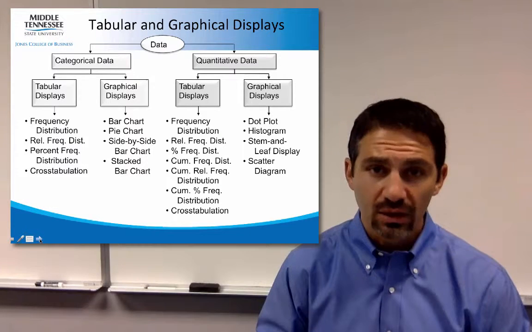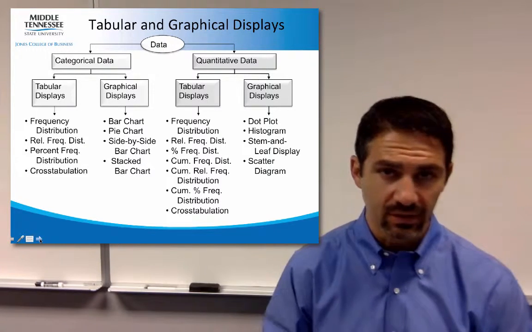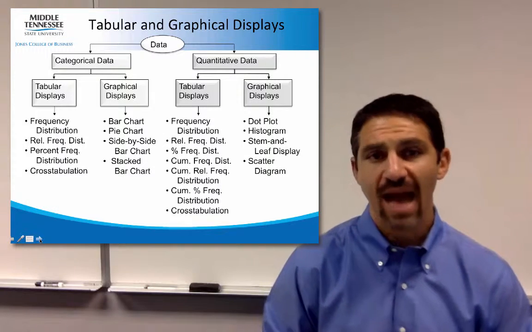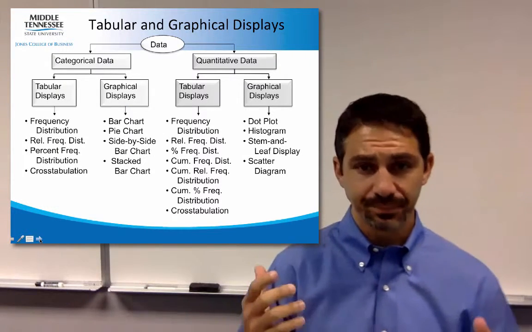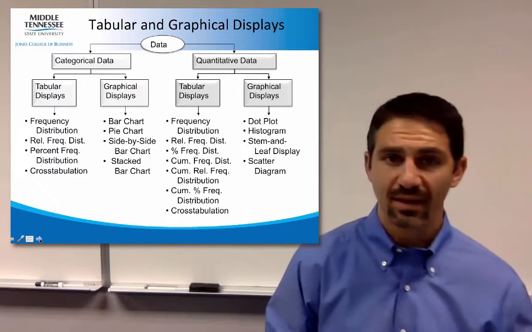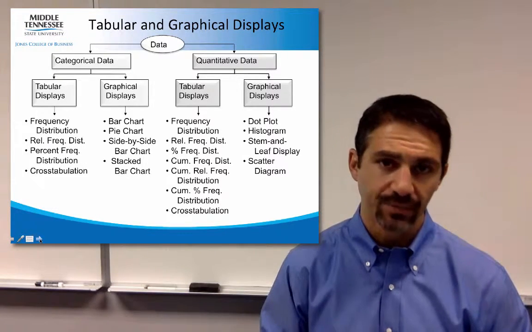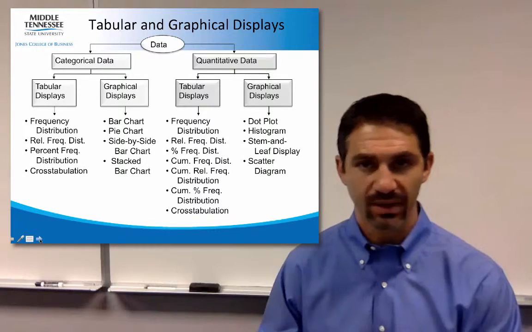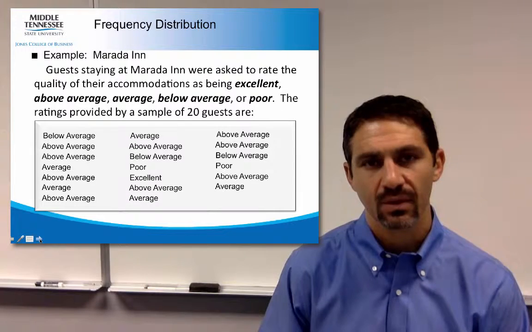If we have categorical data, such as nominal or interval, then we can do certain things with that. So we're not going to do a scatter diagram with categorical data. And obviously we can't do certain things like a pie chart with quantitative data.